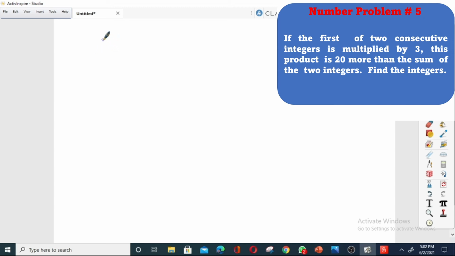So we need to represent two consecutive integers.